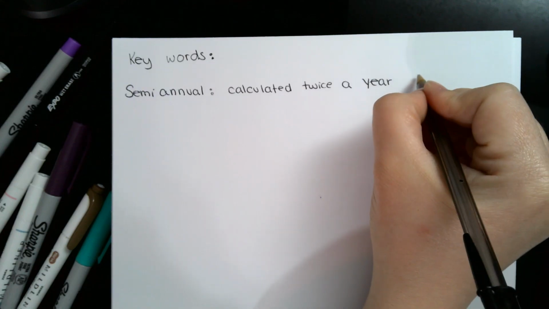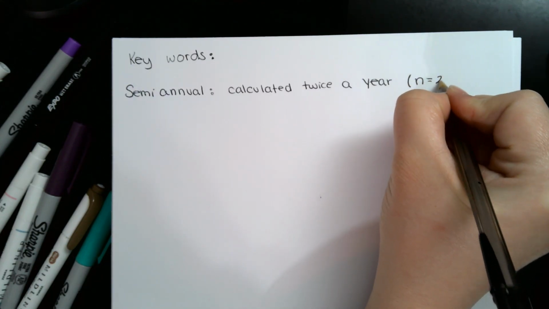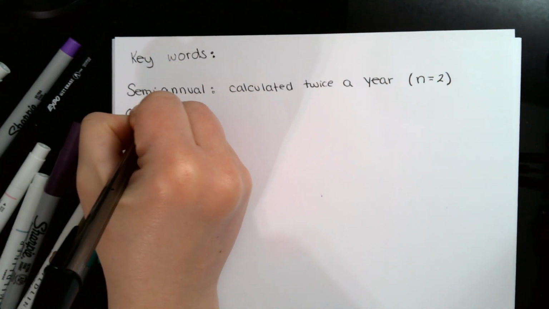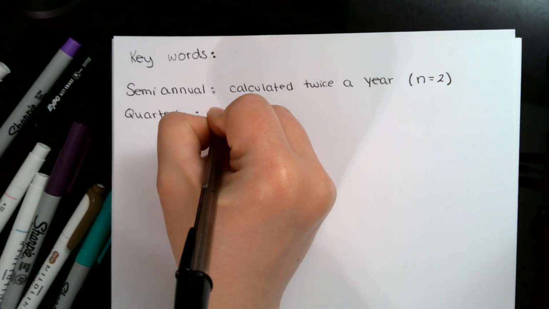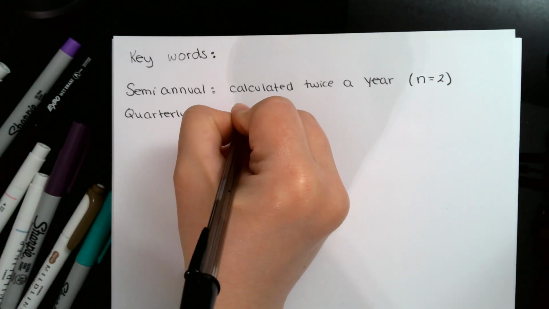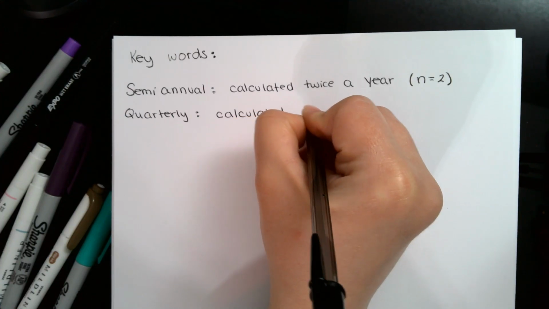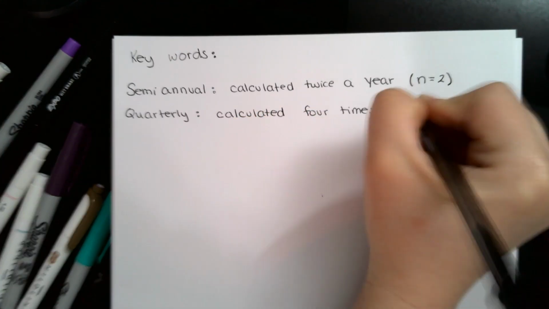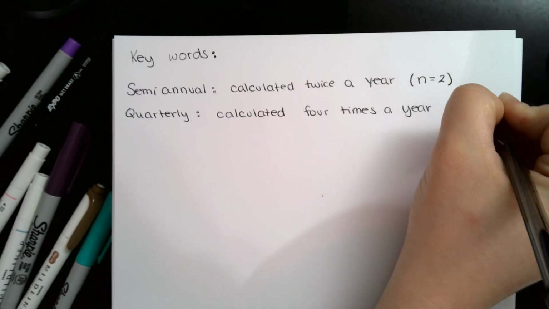So that means your compounds, your N, is going to be 2. Quarterly, which is what we have, means that it is going to be compounded, calculated 4 times a year. So that means my N value is now 4.